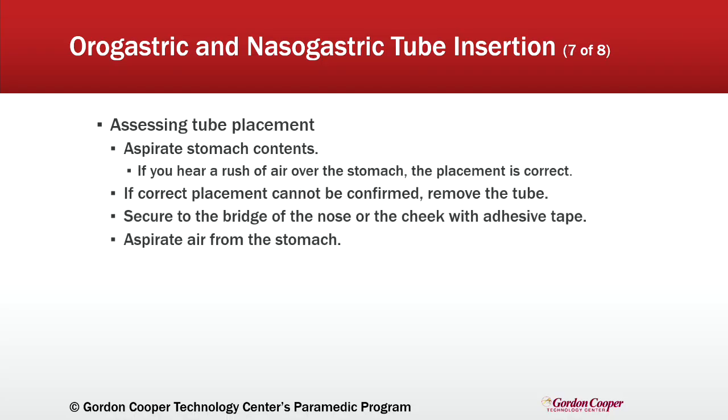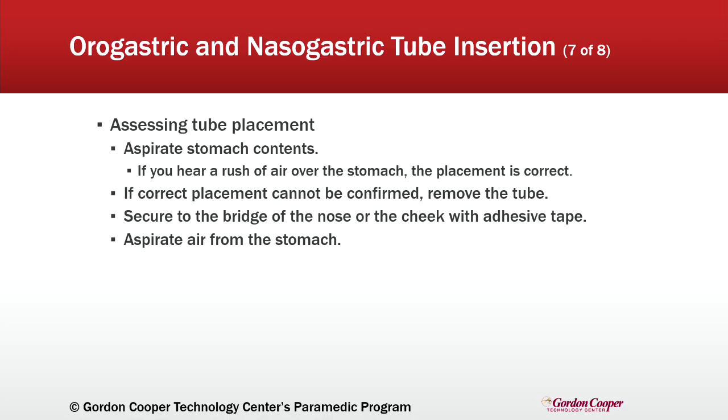Once you believe you have the tube in there, you can try to aspirate for stomach contents using a syringe with the appropriate adapter. Ideally, before you try to aspirate, you take your syringe and fill it with about 10 to 20 milliliters of air.